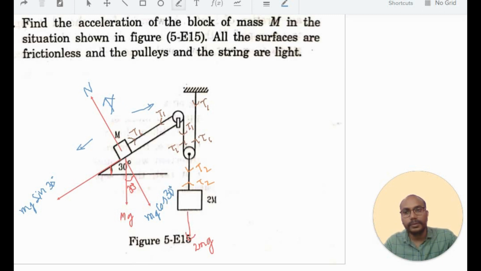So the mass is stable along the perpendicular direction. So we can equalize the perpendicular component because this mass is stable along the perpendicular. So we can say N equal to mg cos 30 degrees.